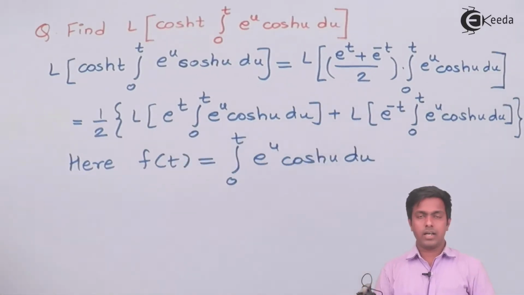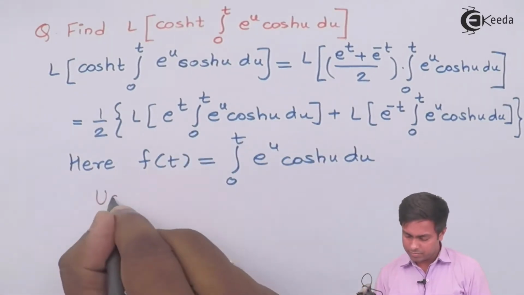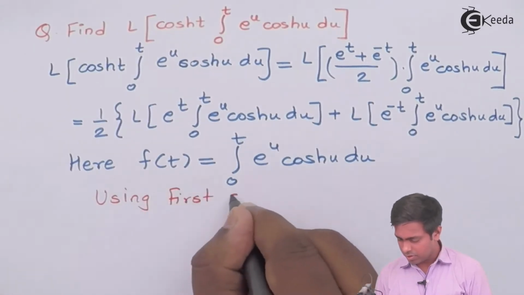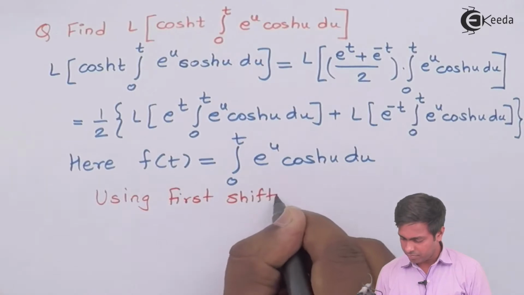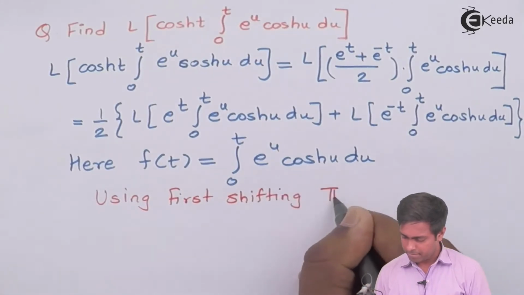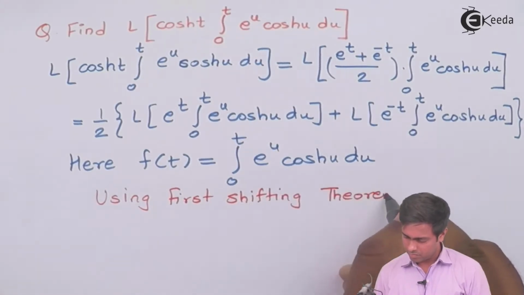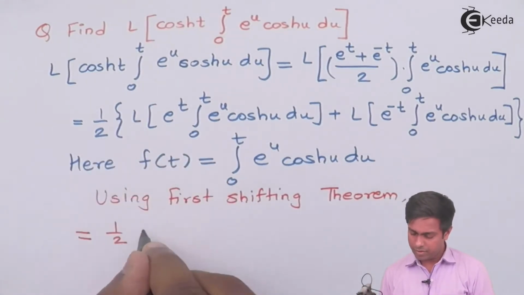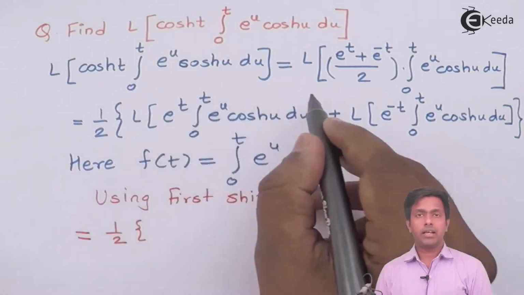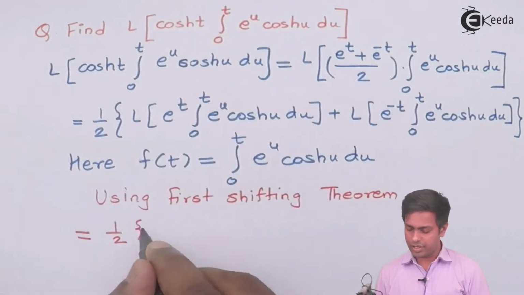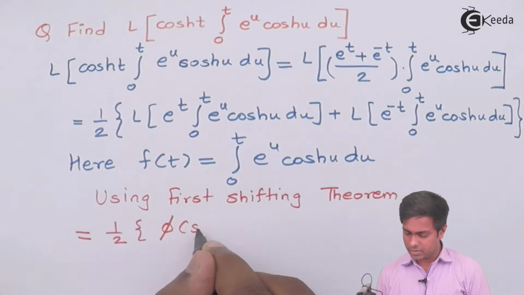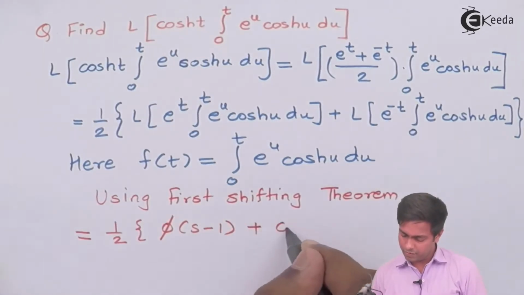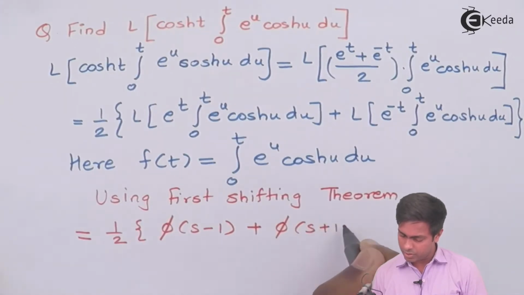So here I'll say, using first shifting theorem, this term will be half in bracket, by first shifting theorem we will get phi of s minus 1 and here plus phi of s plus 1.